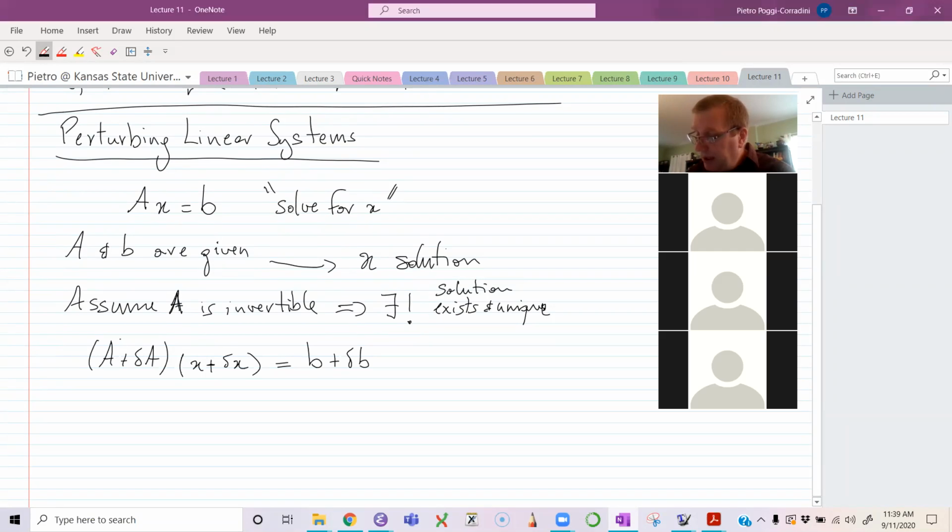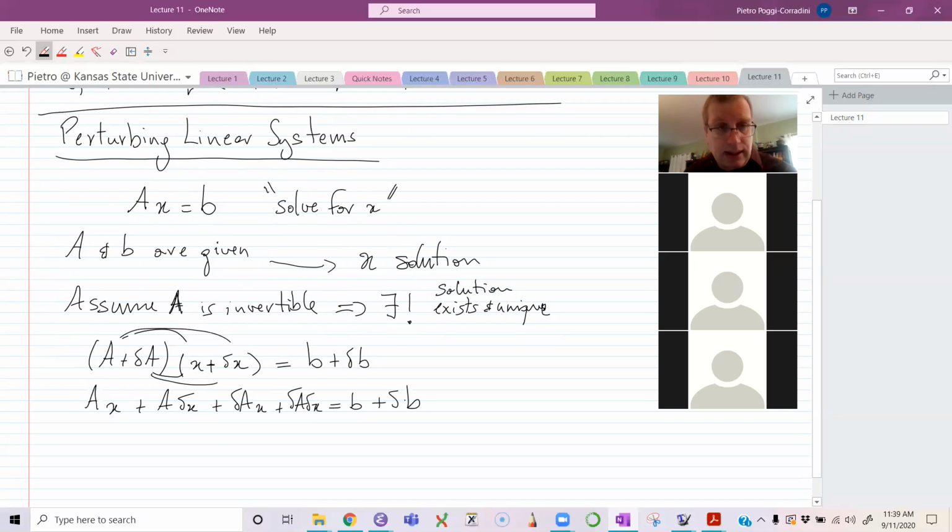So for instance, if I distribute this, then Ax, A delta x, and then delta A x, delta A delta x, equals b plus delta b.